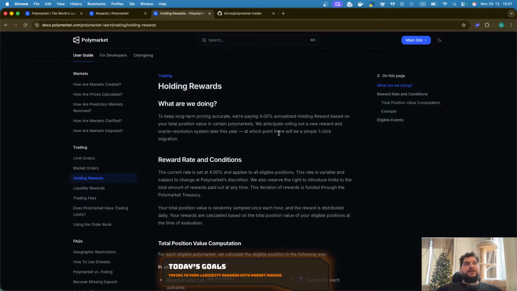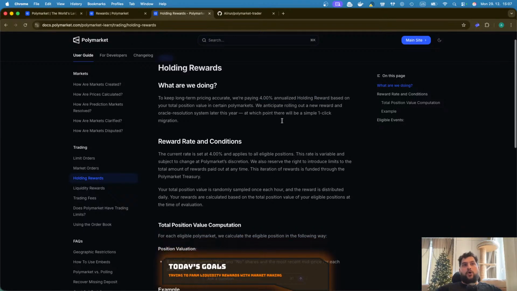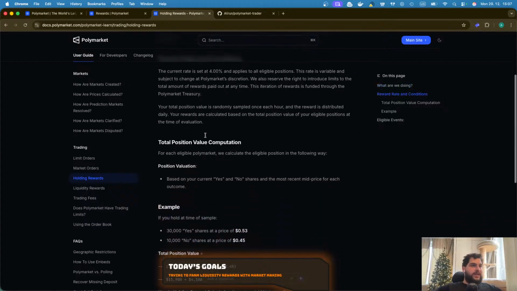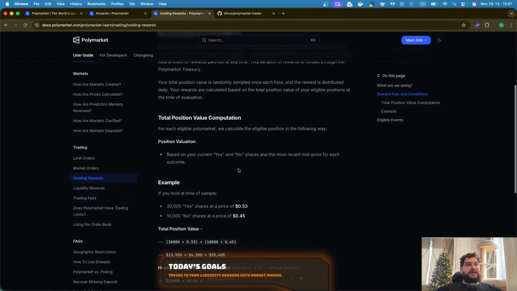And it doesn't if you just bet it somewhere. So they introduced this 4% annual holding reward for the holders of the positions. We don't want that. I'm not interested in that yet.